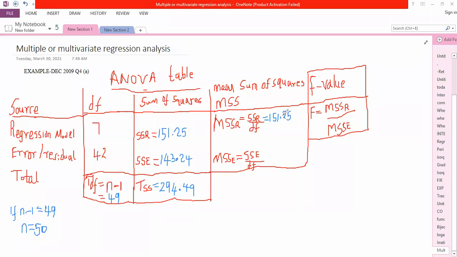We divide this one by the degrees of freedom, which is equal to 7, giving us a value of, let's find out. That gives us 21.6 to 1 decimal place.